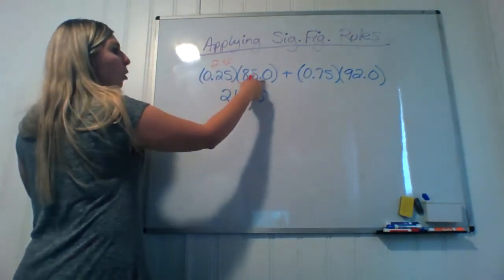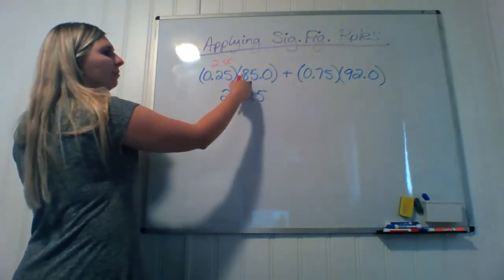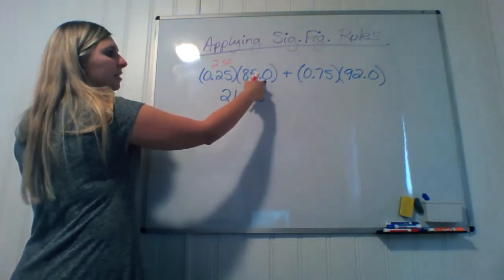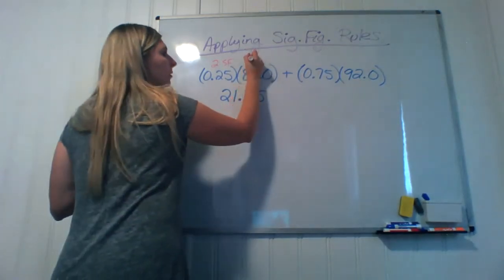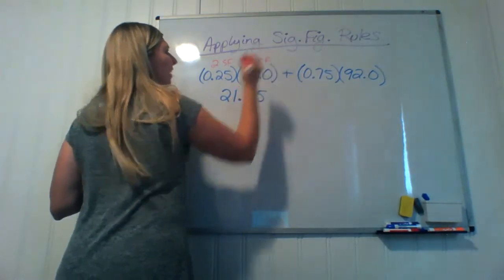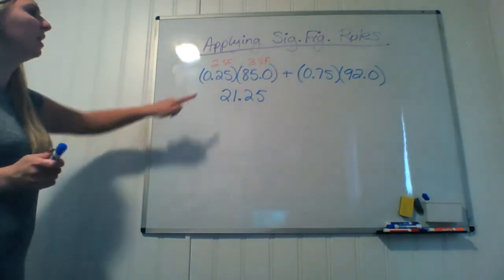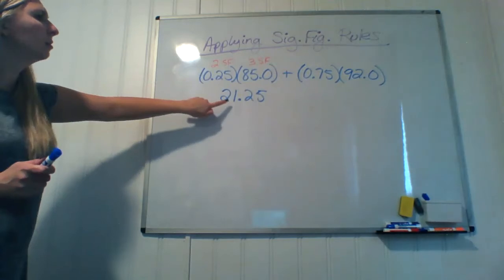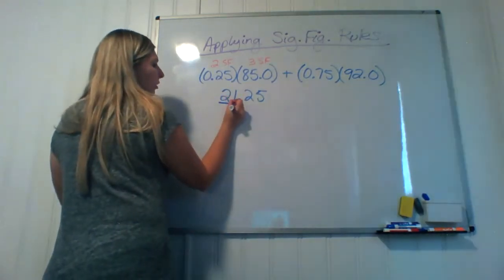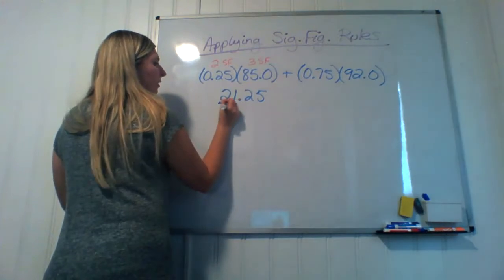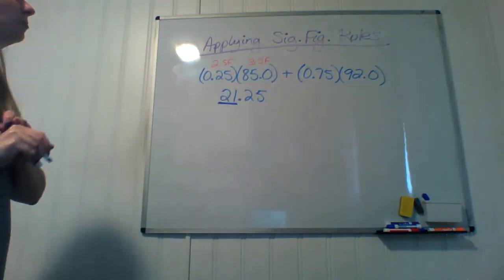Here, 85.0, this is a 0 after the decimal and after a non-zero. This 0 is significant. There's a reason why it's written there. So this is 3 sig figs, okay? So now the least number of significant figures here is 2. So your final answer here would be these 2 digits would be the only significant digits in your calculation there.